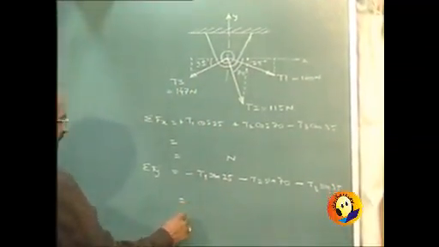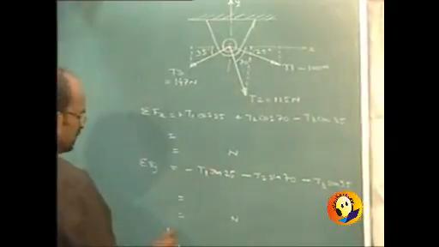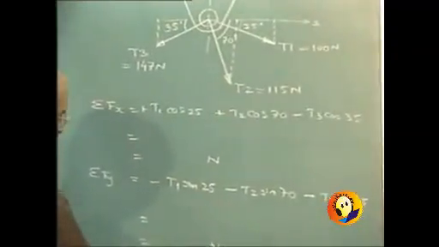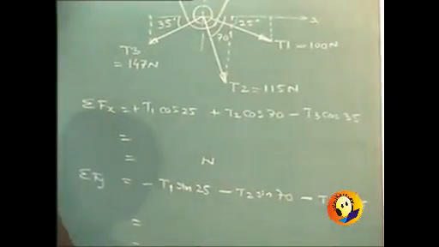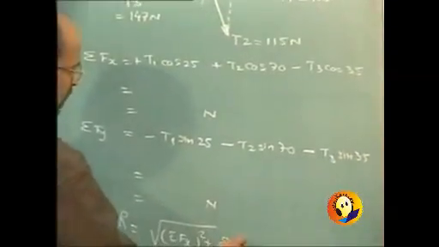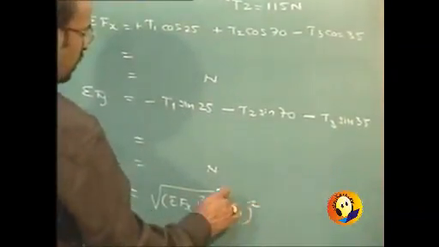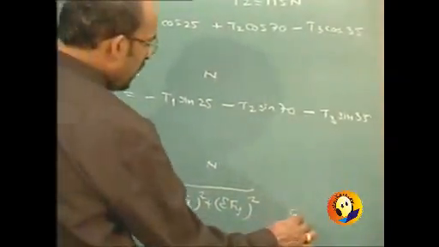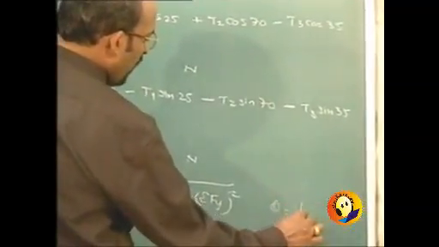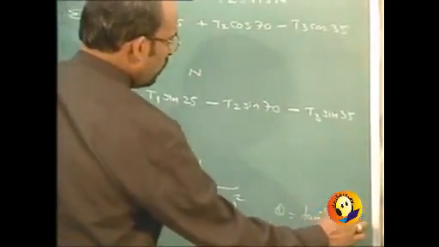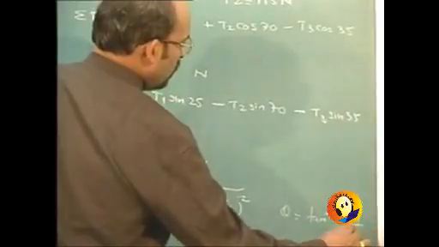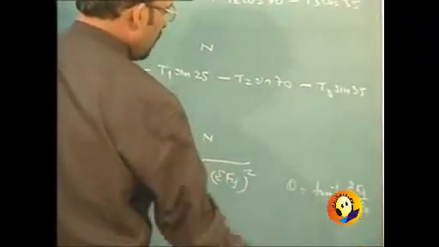And then we can find out the resultant, which is the square root of sigma Fx squared plus sigma Fy squared. And of course angle theta can be found as tan inverse of sigma Fy upon sigma Fx with the appropriate signs.